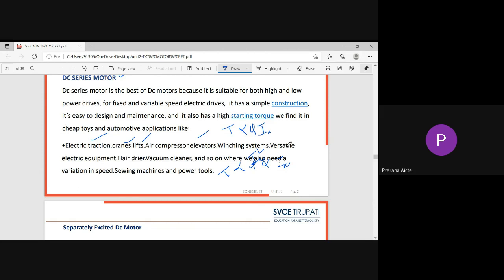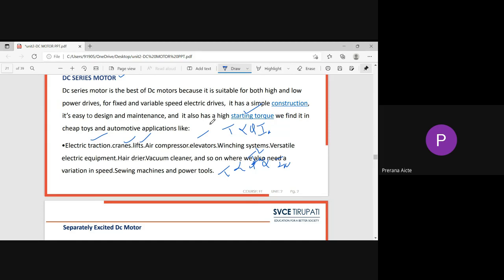While coming to the DC series motor, it is suitable for a very important characteristic, high starting torque. Those applications where it requires high starting torque, we definitely choose the DC series motor, because T is directly proportional to phi IA, phi is directly proportional to again IA, then T is directly proportional to IA square.